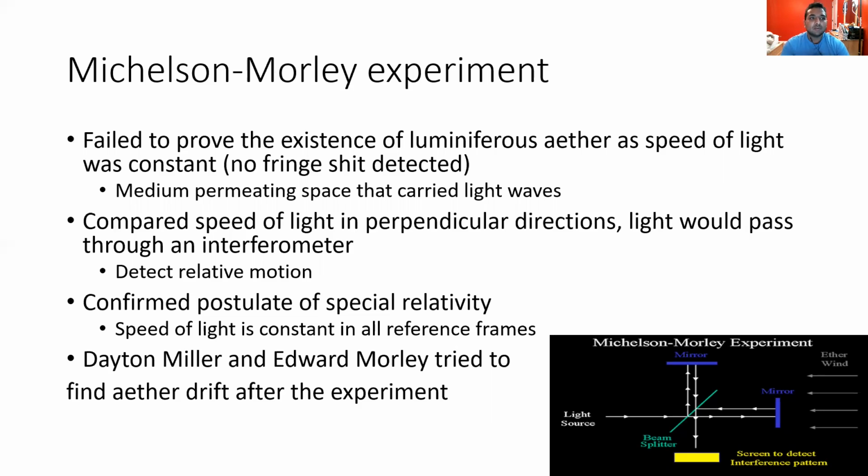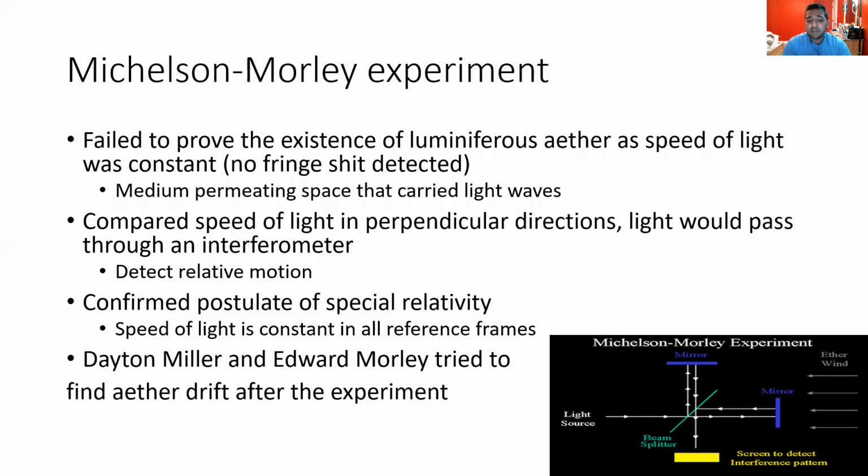And so the idea was the speed of light would be faster in some directions than others, depending on how this medium was shifting, but it was consistent. More than that, it was consistent from a single light source. As we know, the speed of light is constant. Really can't change it unless you pass through different mediums with diffraction and things like that.